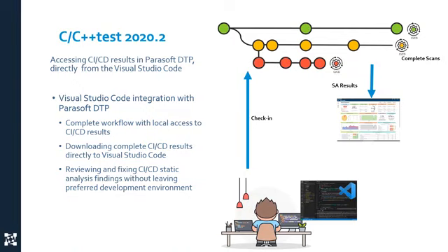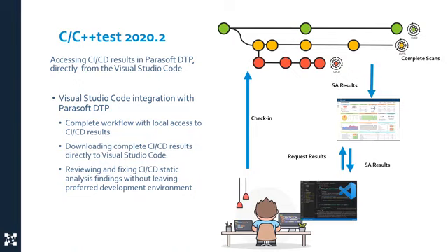Well, developers can simply connect to the DTP server directly from VS Code through the Parasoft VS Code extension and request results for a selected project. After download, results are available in VS Code the same way as they would be generated in a local scan. And developers can immediately start remediating the problems.